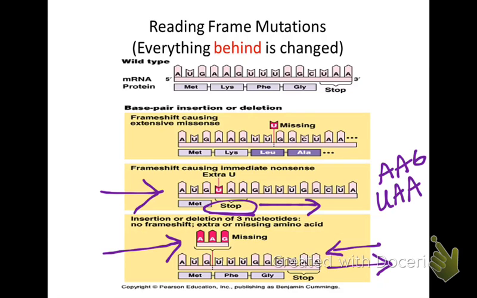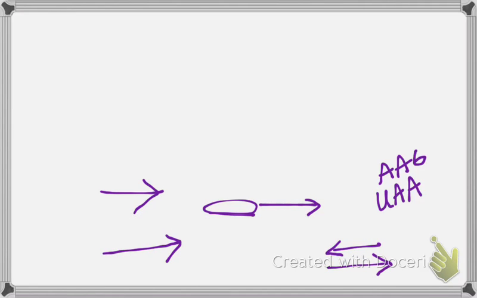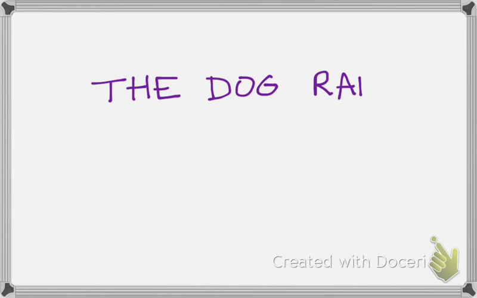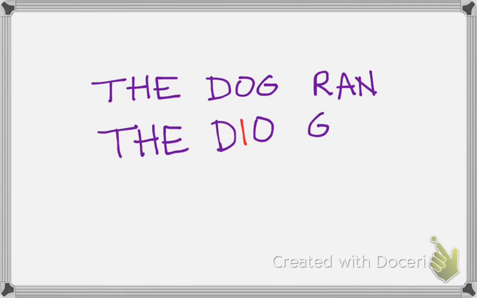Just to give you an example, if we look at it in sentence form, you can see we use 3 letters for our words representing the codons. If we insert just 1 extra letter, we're inserting an I there, you can see it messes up everything after that.